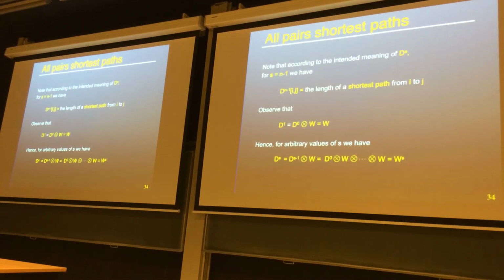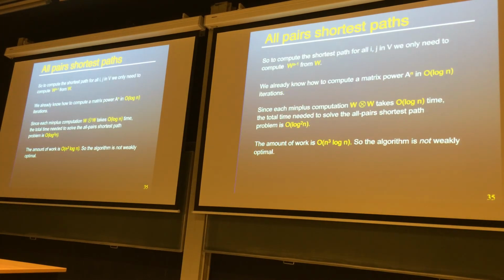So in fact DS equals W to the power s. So we can compute D n minus 1 simply by computing the power of W to n minus 1.